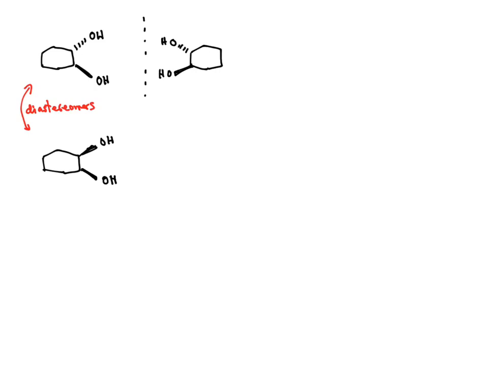Likewise, the OH group that's a dash will go from the top to the bottom, in the exact opposite direction of the OH group that's a wedge in the first molecule. So that tells you that these two molecules are non-superimposable mirror images of one another, so they are enantiomers. But it also tells you that the first molecule here is chiral.